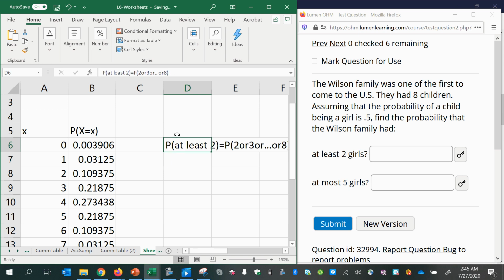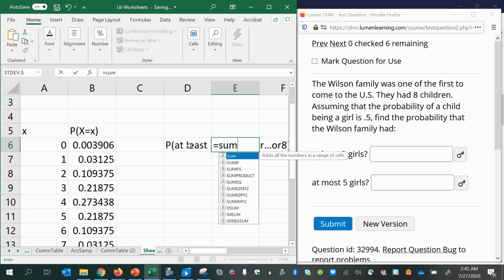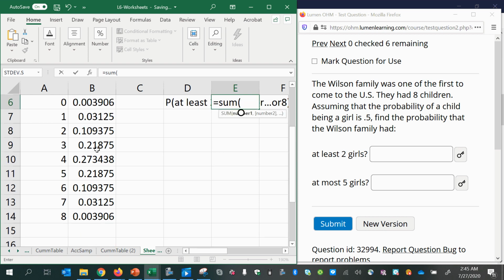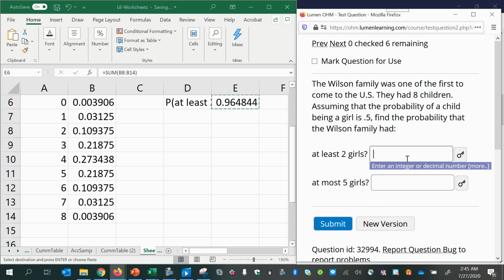Okay. So what that means is that I want to add up the probability of having 2 or 3 or 4 or 5 or 6 or 7 or 8. Just copy and paste that in.